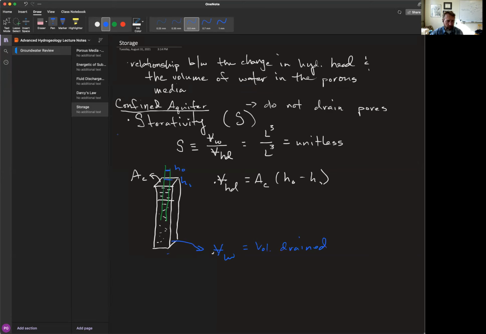Okay, let's say that my aquifer has some thickness B. So this is the thickness of my aquifer, which is this porous media here, and this is the aquitard. So B is my thickness. We can define another term here, which we call the specific storage.